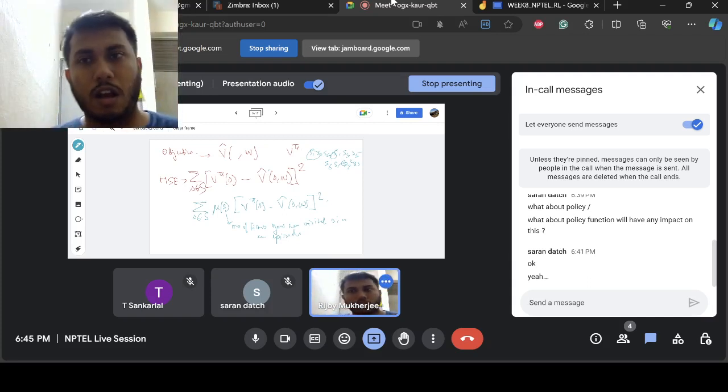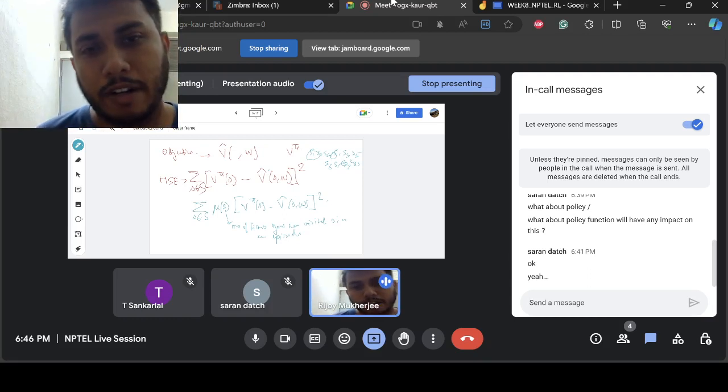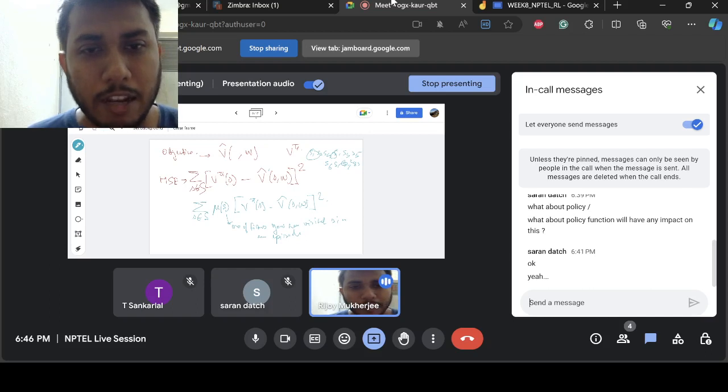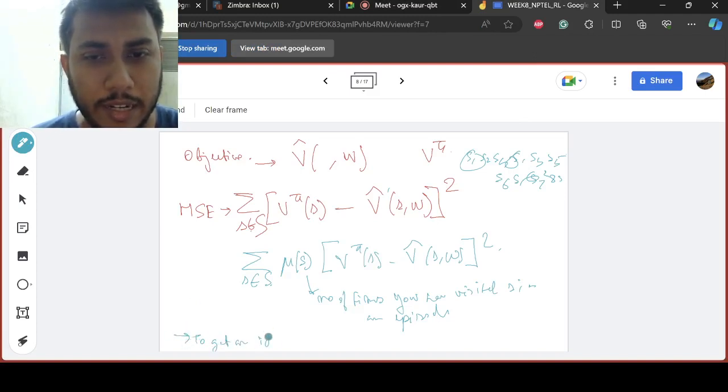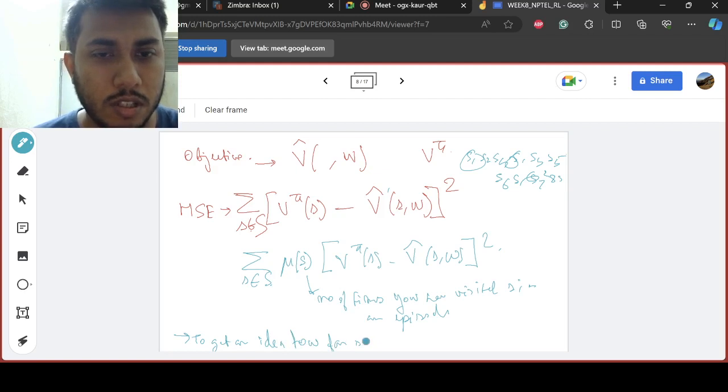Now typically, if you have done an ML course, what do you do with this objective function? What do you do with this error? So typically, you have to inform your neural network or the function you are trying to approximate. So the typical objective from here is to get an idea how far is your approx function from reality, right?